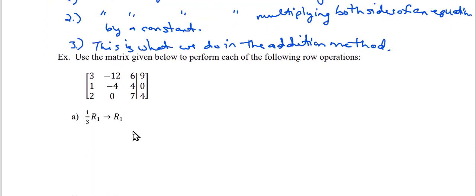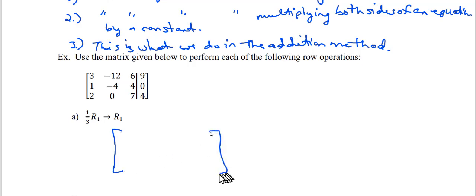We're going to use this matrix to do some row operations. The notation here varies a little bit from online homework system to online homework system. I am using Alex. Some of your instructors may be using MyMathLab. Alex uses this notation, so that's what I stuck with because that's what my students are using. What this means is we multiply row 1 by 1/3 and we put it in row 1. We leave row 2 and row 3 alone.